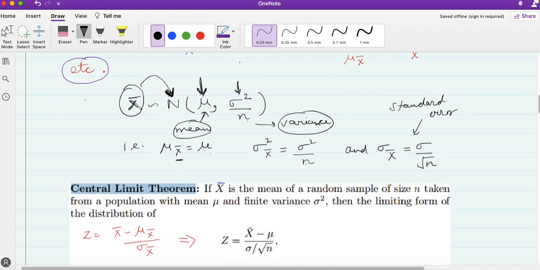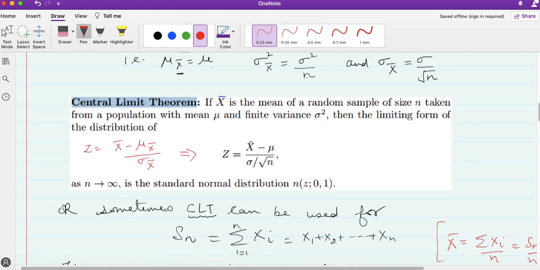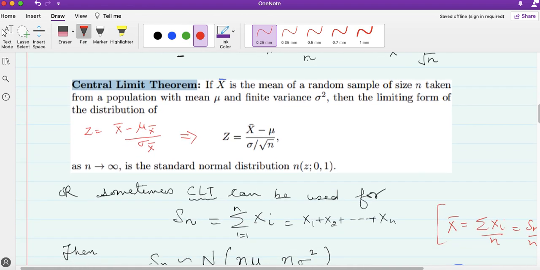Now why are we talking about it? Because whenever anything is normal by nature and we want to evaluate it, we always convert it into the standard normal variate to solve the problem. So let's say x bar is the mean of a random sample of size n, taken from a population with mean mu and variance sigma square.